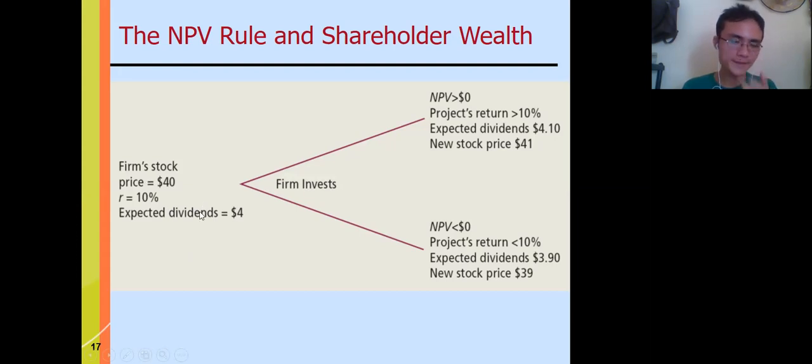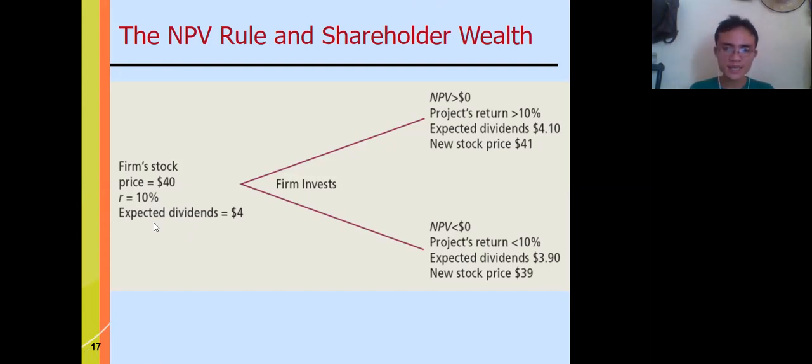So this is like the R being the dividend over price. So 4 divided by 40 is 10%. That is the dividend market ratio, right? The dividend market ratio.